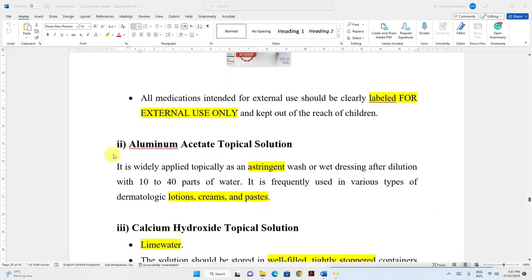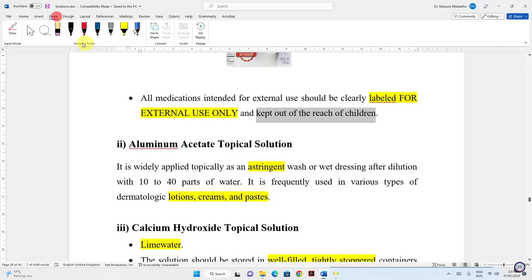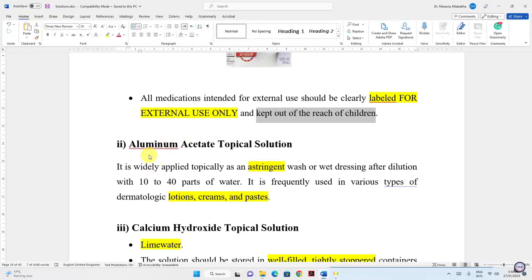Okay, now we will talk about another topical solution, and it's referred to as aluminum acetate topical solution. Now, what is this used for? Aluminum acetate solution is an astringent.